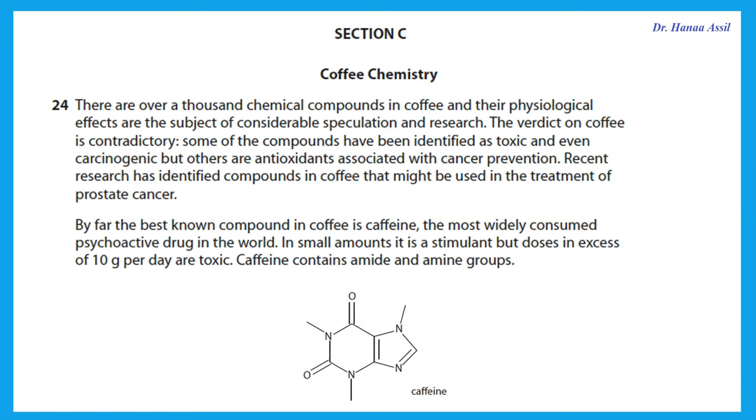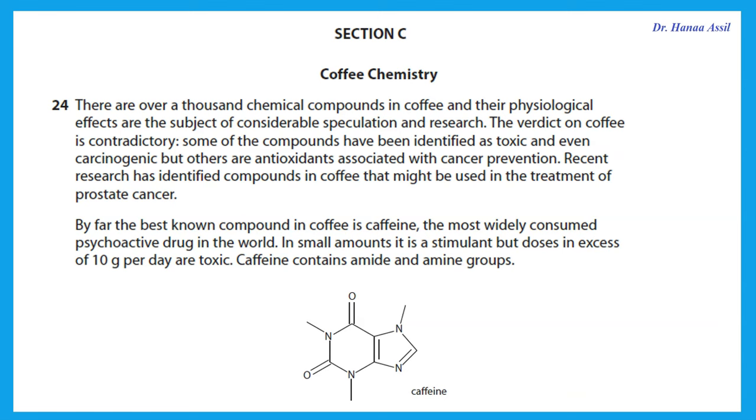Recent research has identified compounds in coffee that might be used in the treatment of prostate cancer. By far the best known compound in coffee is caffeine, the most widely consumed psychoactive drug in the world. In small amounts, it is a stimulant, but doses in excess are toxic.